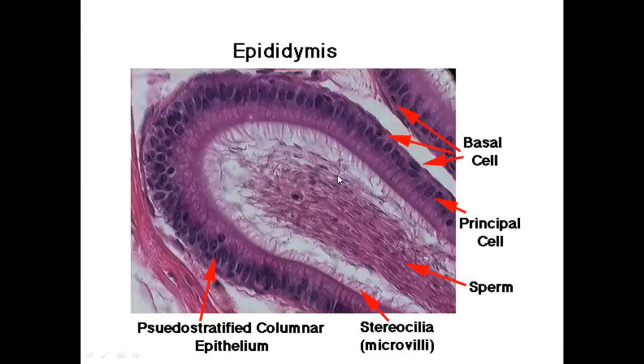Again a more magnified portion where you can easily distinguish between the stereociliated columnar cells and the lower basal cells. And inside the lumen you can easily distinguish the sperm, because the epididymis acts as the storage house for sperm, and this is the actual site where immature sperm coming from the seminiferous tubule undergo maturation.